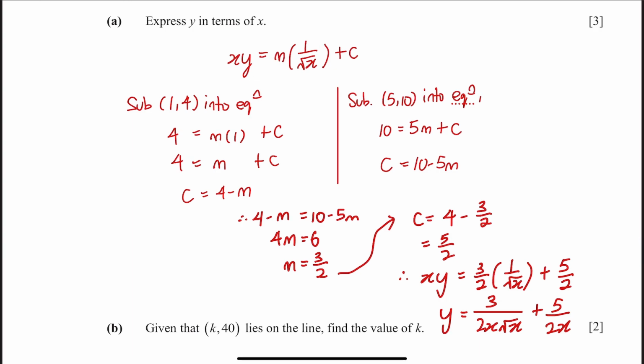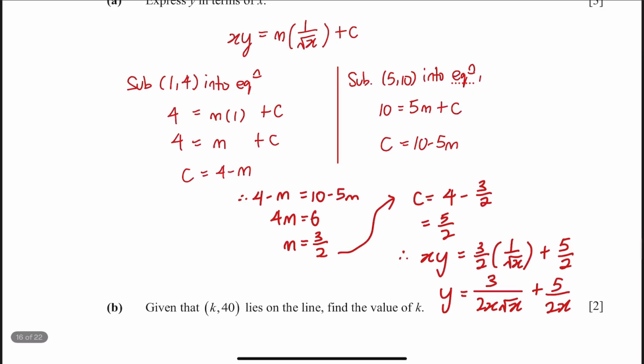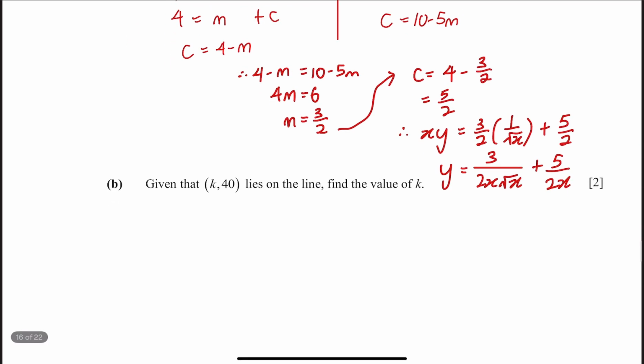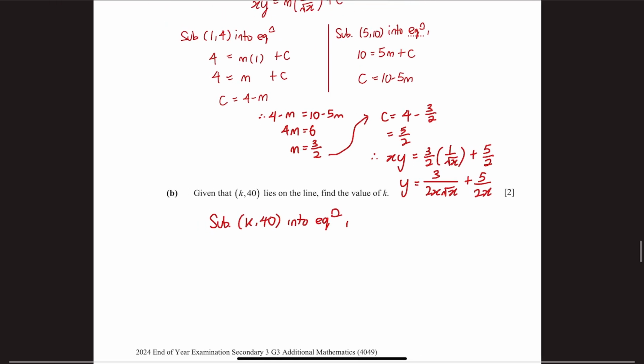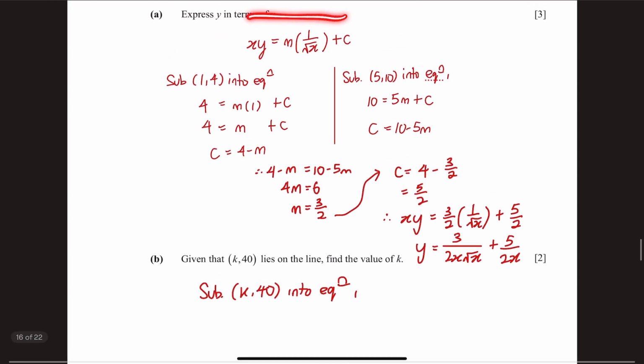Part B. Given that (k, 40) lies on this line, find the value of k. Very simply, I just need to sub the values k, 40 into the equation. When xy is equal to 40, I know that m is 3 over 2, and 1 over root x is equal to k, plus 5 over 2.